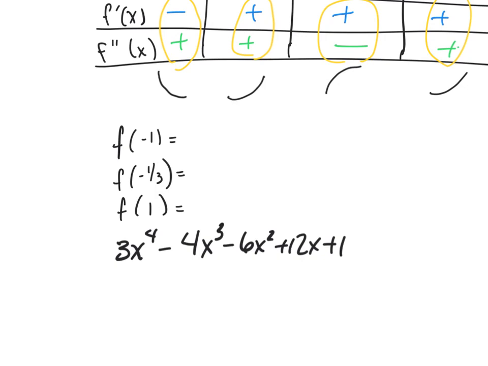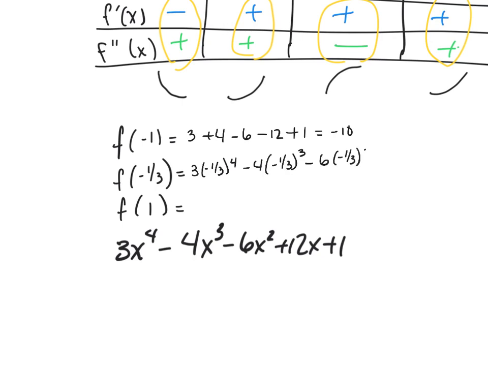So I'm going to put in -1, and I get a +3, and then a +4, and then a -6, and a -12 plus 1, and I get -10. And then I have 3 times -1/3 to the 4th minus 4 multiplied by -1/3 cubed minus 6 multiplied by -1/3 squared plus 12 times -1/3 plus 1.